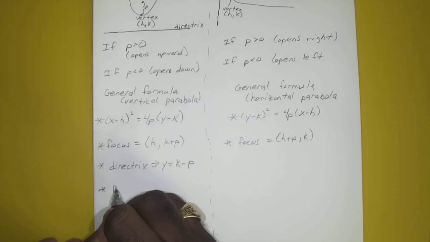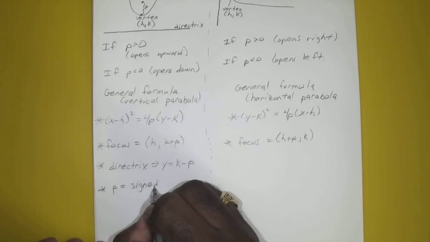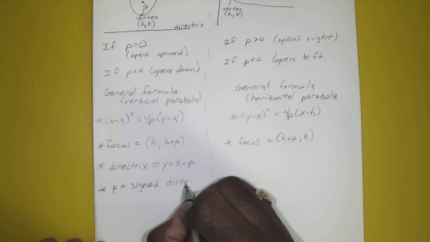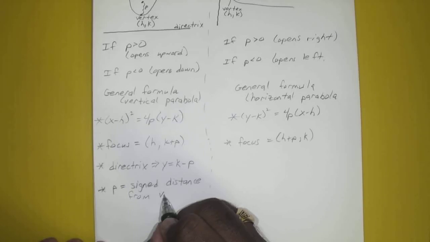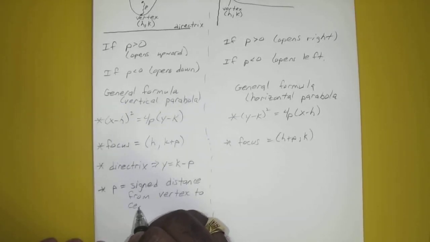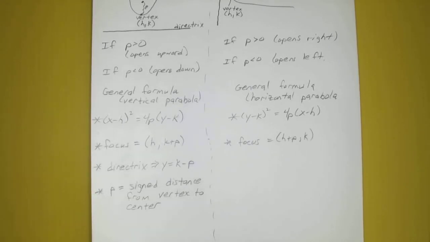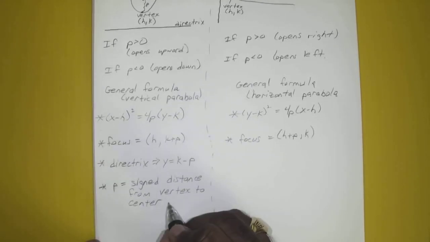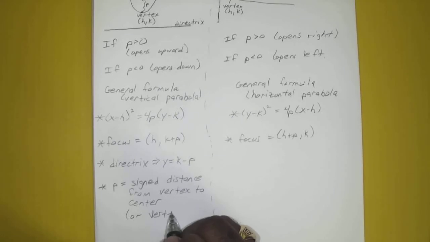All right. Okay, so we know that p is equal to the distance from vertex to focus, or you can say from the directrix to vertex, or vertex to directrix.